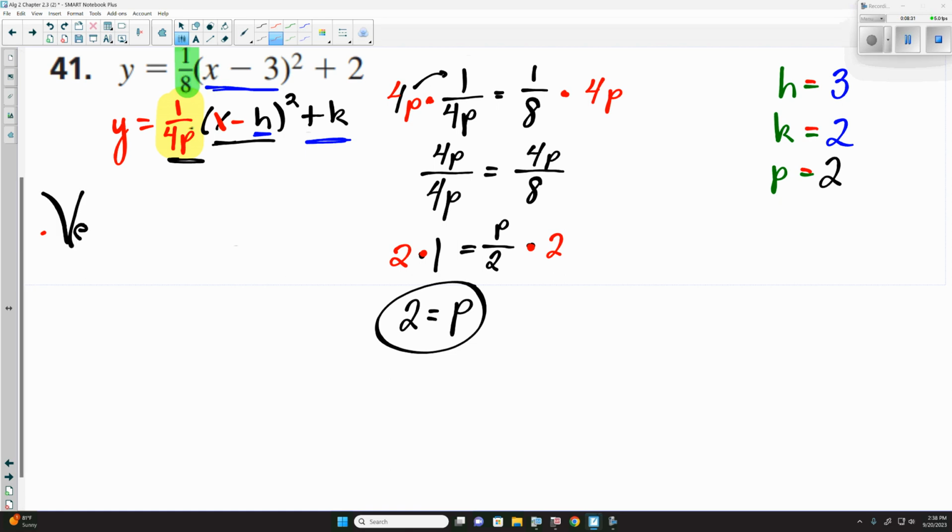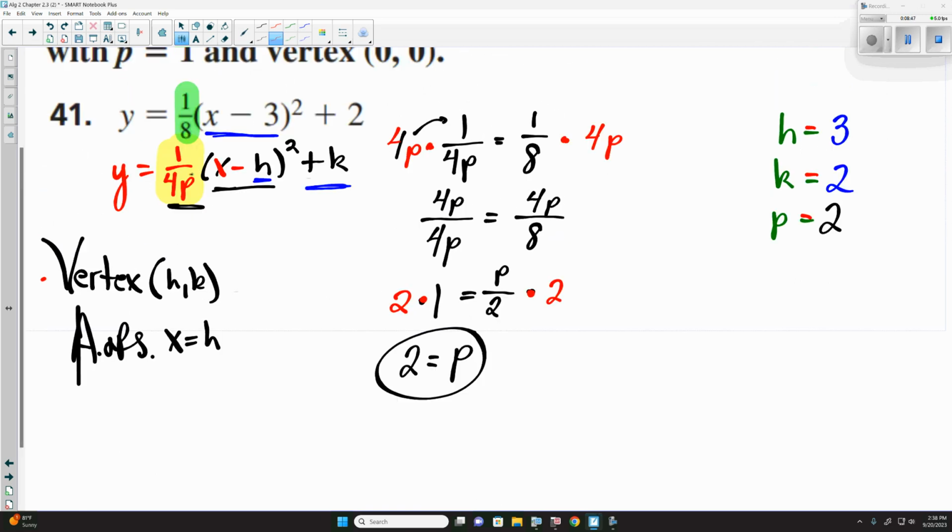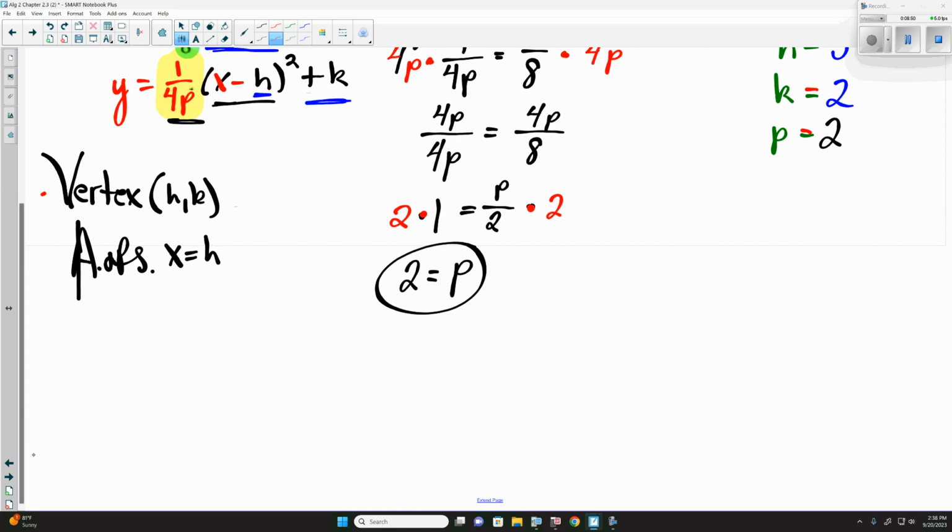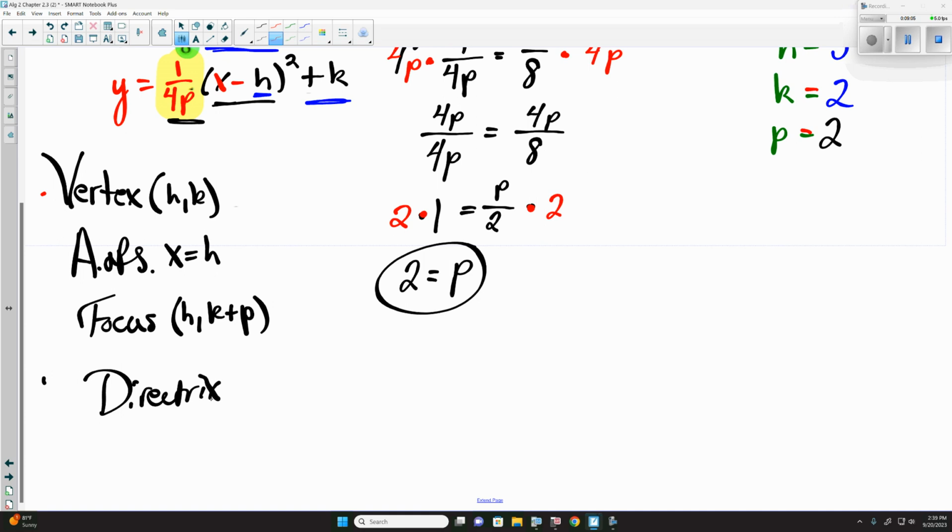Because what we're trying to find is the vertex, which is our point h comma k, our axis of symmetry, which in our case is x equals h, our focus is the point h comma k plus p, and the directrix is the equation y equals k minus p.